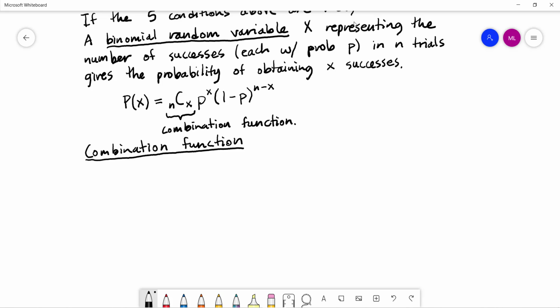If you've taken other classes, you may have heard of this function referred to as n choose x. If not, that's totally fine. But what does it do?